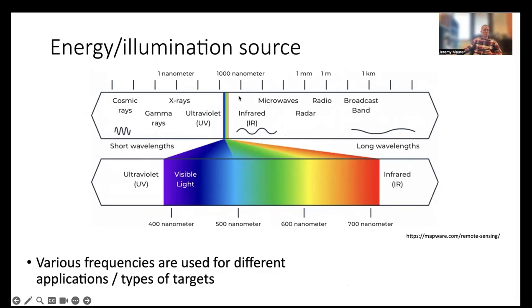So almost all of our remote sensing technology is based on the optical wavelengths and longer wavelengths. You can see some examples of what those wavelengths are in nanometers for visible light. As we get up to radio waves and longer, that's meter to kilometer long wavelengths. Radar and microwaves are in the millimeters to centimeters long wavelengths category.